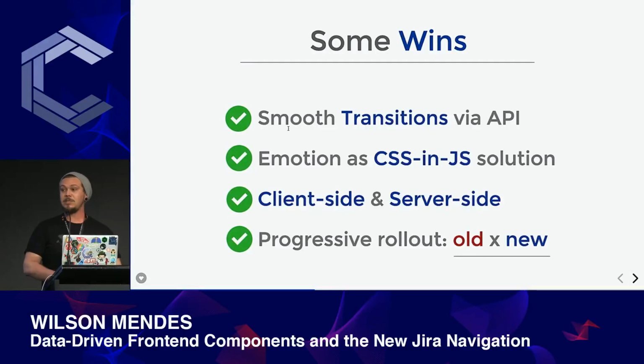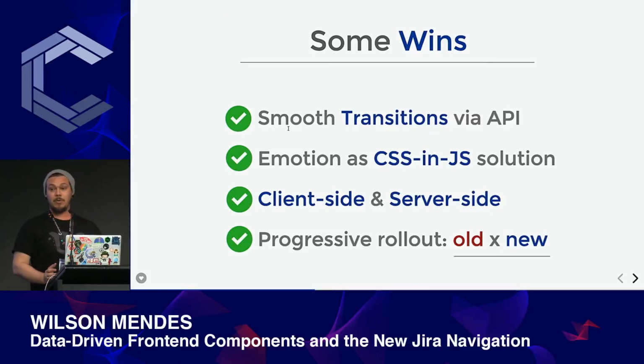So some wins in this transition were, first, we were able to do smooth transitions with an API, not just smooth transitions in CSS and styles, but smoother transitions in our interface and our components. Instead of writing 15 components to do a single menu, you can just write one, and that's all.